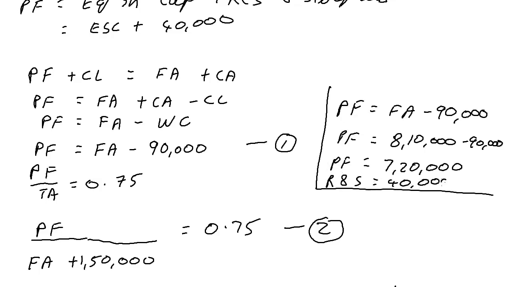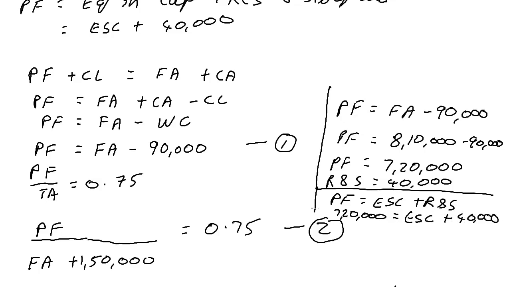We know that proprietor's fund is equal to equity share capital plus reserves and surplus. Therefore, 7,20,000 is equal to equity share capital, which I don't know, plus reserves and surplus, which is 40,000. Therefore, equity share capital is equal to 7,20,000 minus 40,000, which gives us 6,80,000.